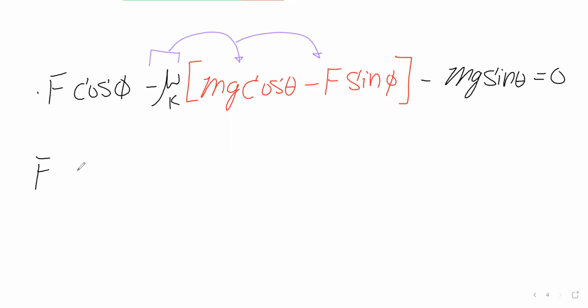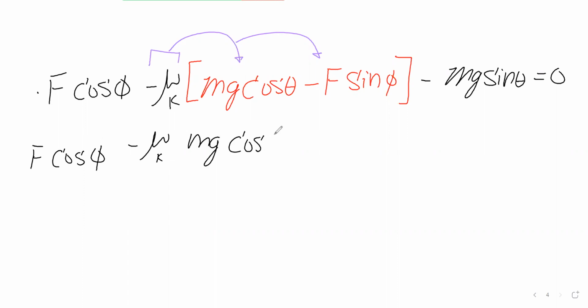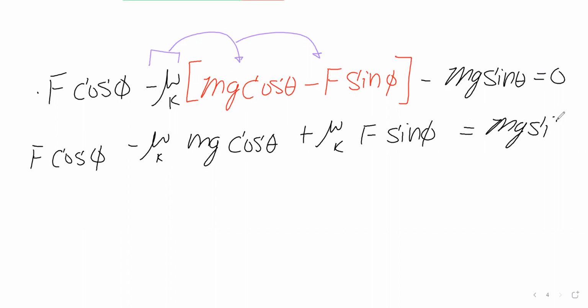We'll get F cosine phi minus mu k mg cosine theta plus, because we're distributing a negative to a negative, mu F sine phi equals, and I'm going to add the mg sine theta to the other side so we can start isolating f.